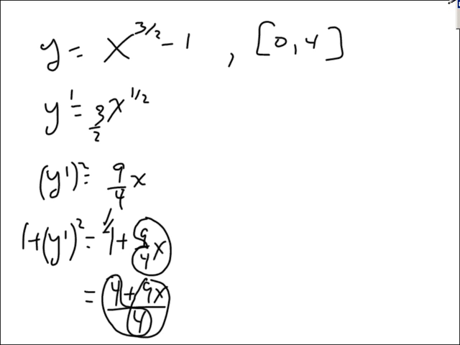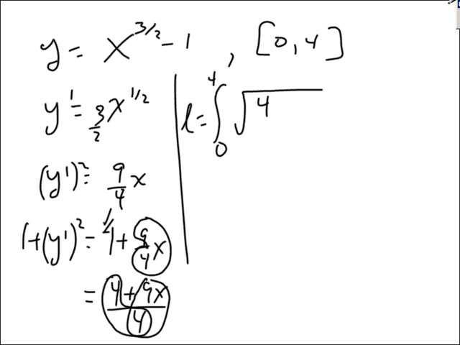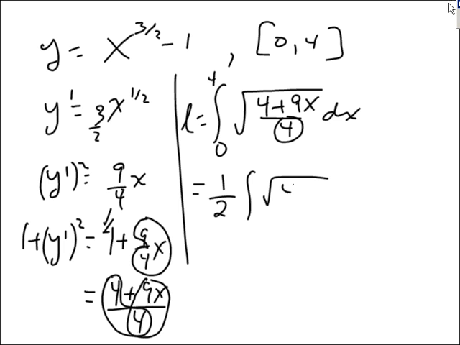So what we want is the integral, so the arc length equals the integral from 0 to 4 of the square root of (4 plus 9x) over 4 dx. But I know the square root of 4, it's 2, so I pull it out. So it's the integral of the square root of 4 plus 9x dx.